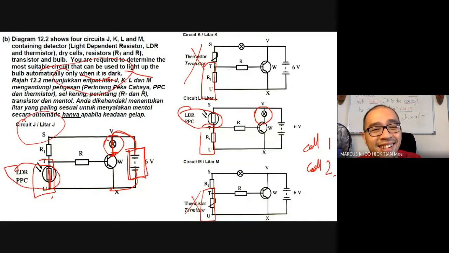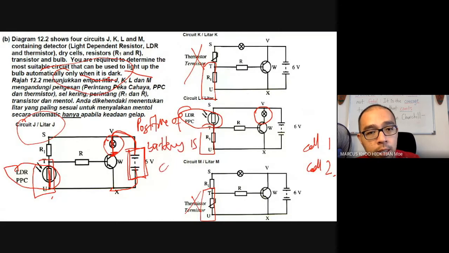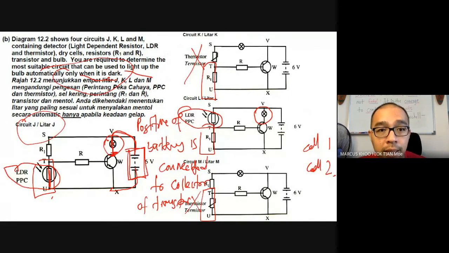Okay, you can say that positive of battery is connected to collector of the transistor. Okay, you can say it like that.